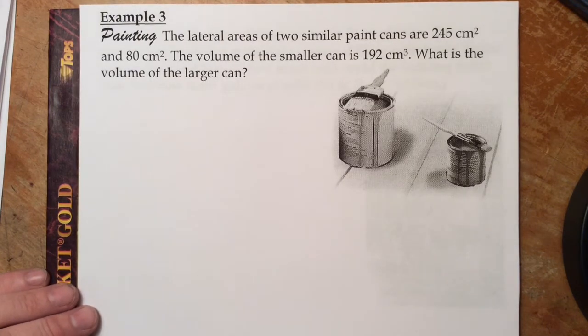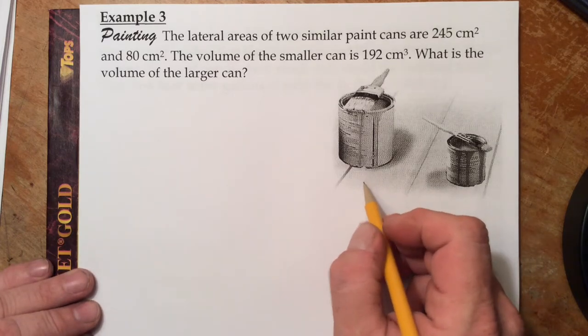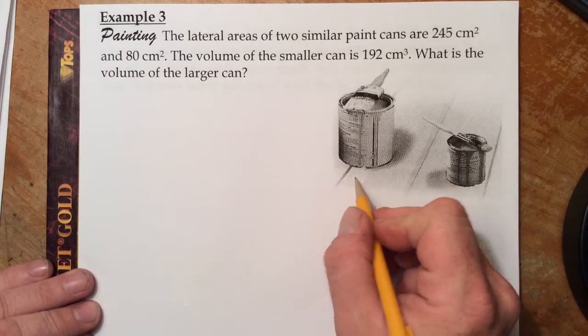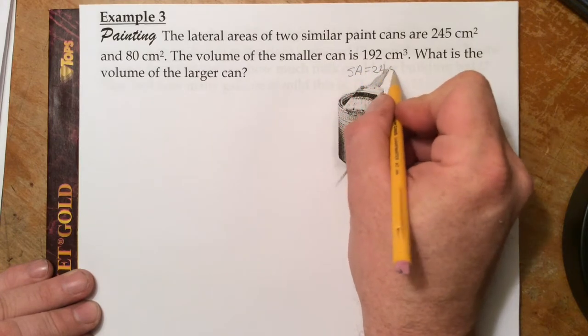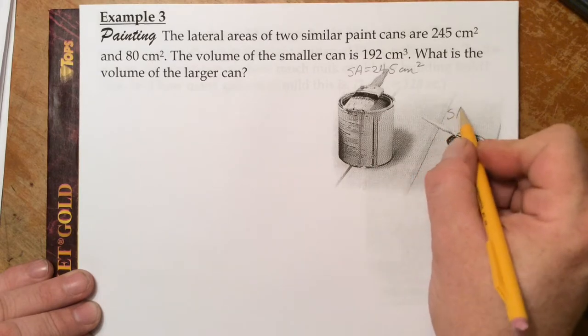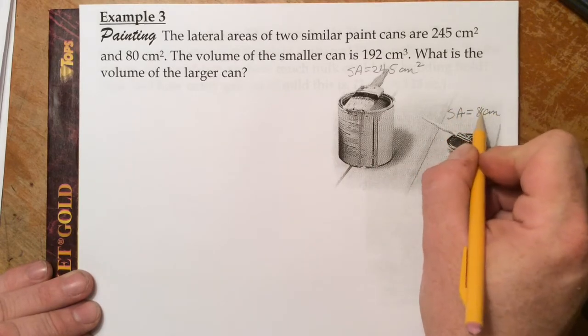Example 3, painting. The lateral areas of two similar paint cans are 245 square centimeters and 80 square centimeters. So what we are given are the lateral areas of these two. We've got the surface area of the larger one, 245 square centimeters, and the surface area of the smaller one, which is 80 square centimeters.